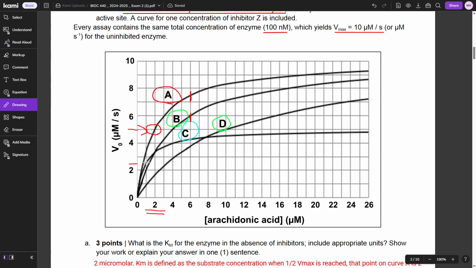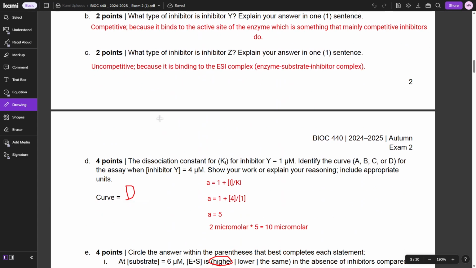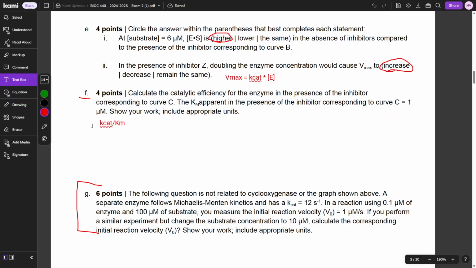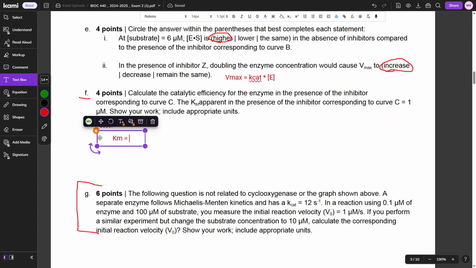Generally speaking, they should be a little bit lenient with plus or minus, but this one is kind of obviously 1. Usually they will make the graphs easy to read like that. So we can say that the Km is equal to 1 micromolar. That's the first thing we can pick from that.